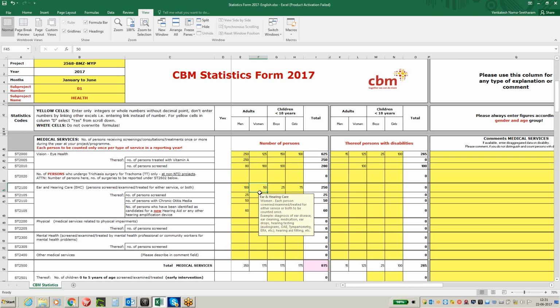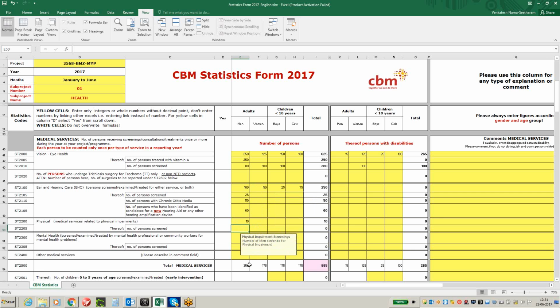Yes, it's not impairment, it's medical services. So one person can go to an eye clinic and receive some treatment for the eyes, and then go to the orthopedic clinic because that person also has back problems. That person would be counted in the eye clinic, and would also be counted in the orthopedic clinic.